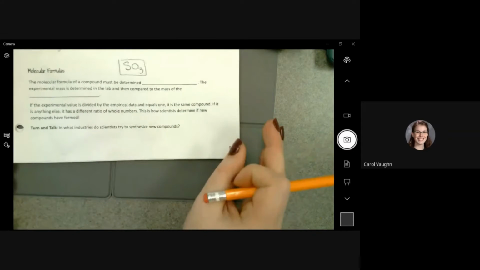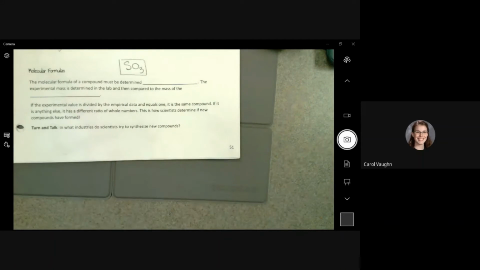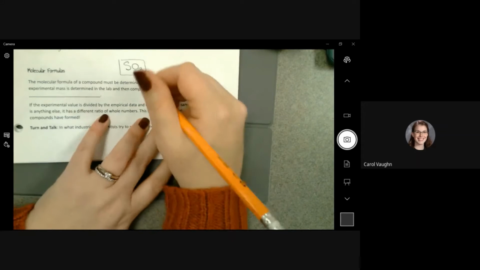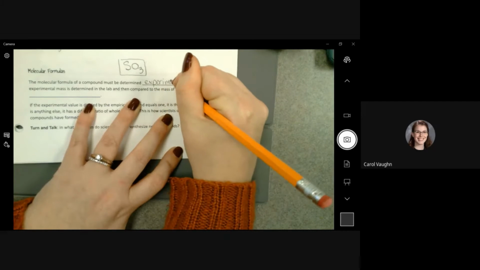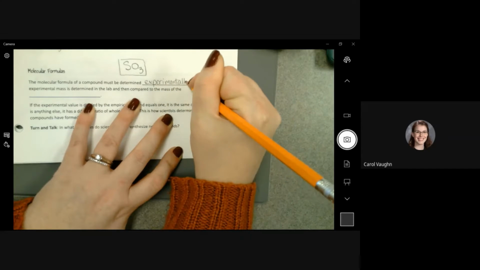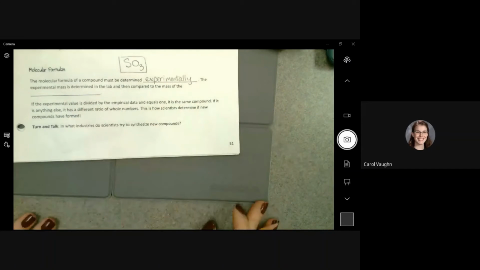On the subject of molecular formulas, a molecular formula must be determined experimentally. So you have to do a lab and put your compound that you've created on a scale and find the mass of 1 mole of your sample.